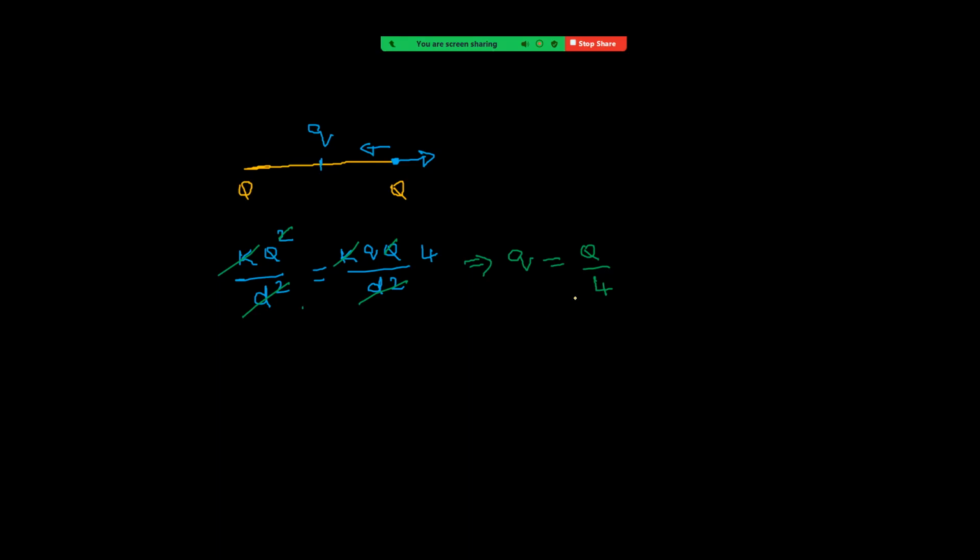So this is only the magnitude. If you want the sign, then the sign will be minus, minus Q by 4. If Q is positive, this is negative. If Q is negative, this will be positive. So the key point is on each and every charge, the net force must be 0. Okay, right.